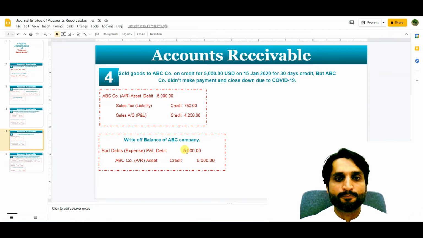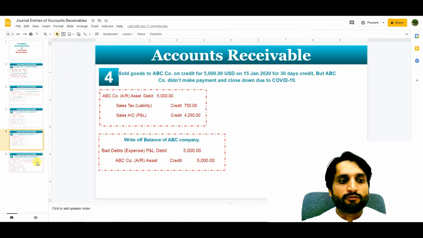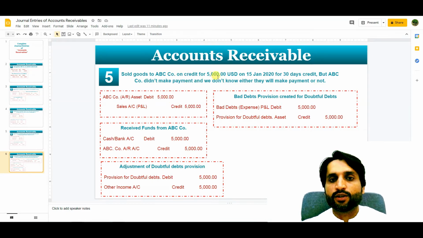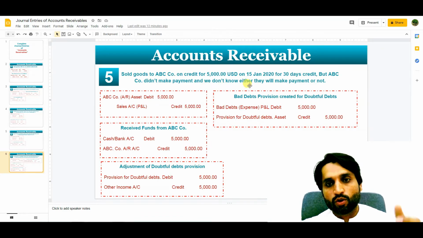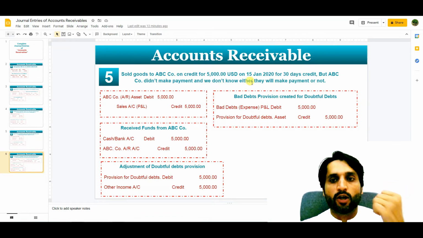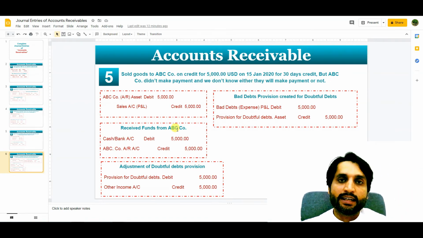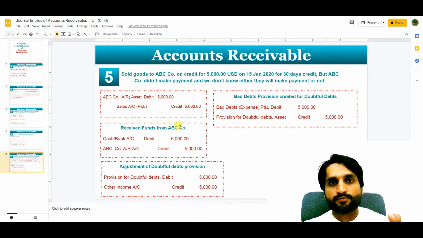We lose this money. Now the fifth scenario: sold goods to ABC company on credit on 15th January for 30 days, but ABC company didn't make payment and we don't know whether they will make payment or not. We are not certain, we are not sure. So we need to create a provision, or a doubtful allowance.